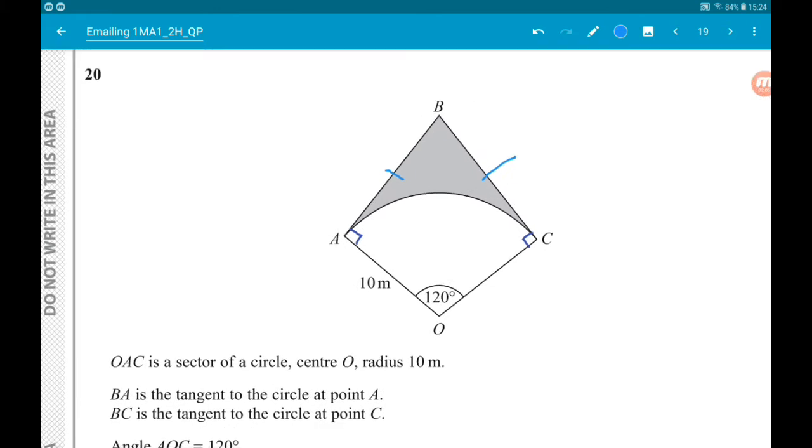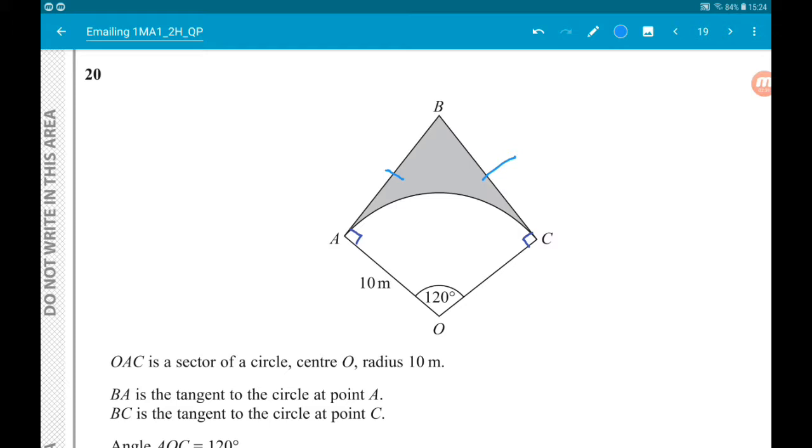Okay. So, we have two main jobs. We need to work out the area of the overall shape, and we also need to work out the area of the sector and then subtract that from the whole shape. So, I'm going to do the sector first.